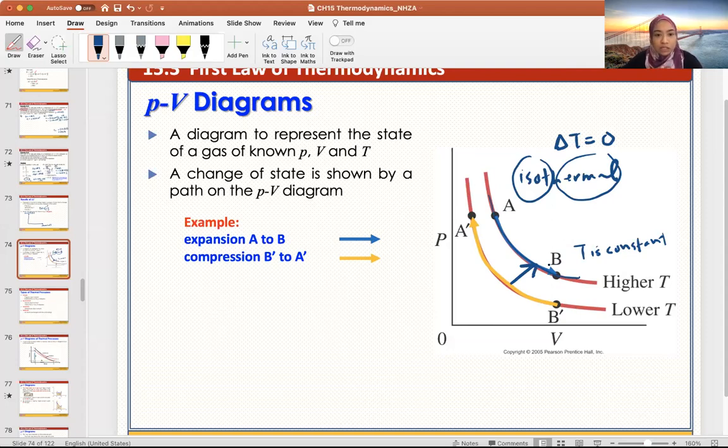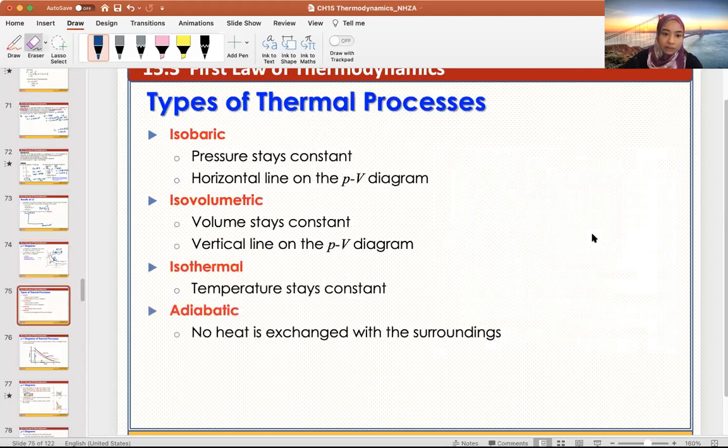It shows the difference in temperature, not the change, because this is one process and that is another process. Process 1 has a constant temperature of 22 degrees Celsius. Process 2 has a constant temperature of 40 degrees Celsius. So the difference in position in the PV diagram shows that they have different temperatures.